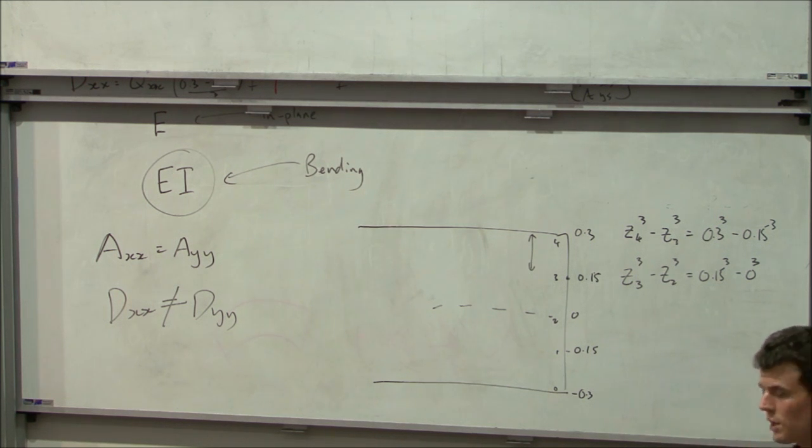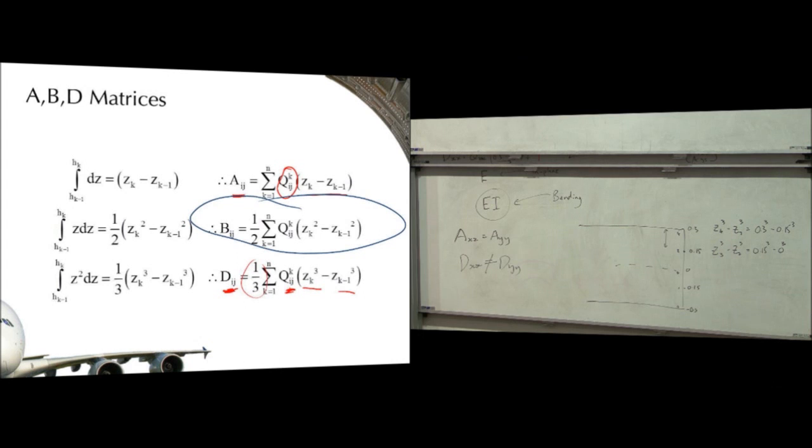The other question I'll set for you as a thought experiment, and maybe another tutorial question, is that I haven't really touched on this B matrix. I've kind of ignored the B matrix. Now, last week I said that the B matrix would go to 0 if we use symmetric laminates.